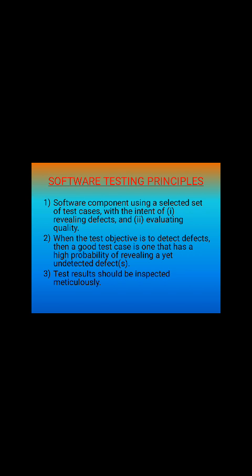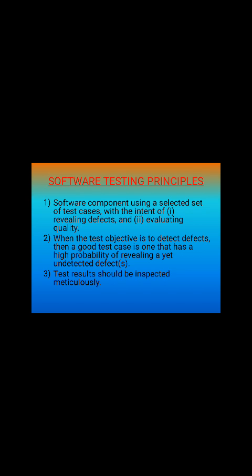In the first principle, we discuss selected test cases, considering defects and evaluating quality. In the second principle, you have to find or remove undetected defects, so you have to use good test cases. This is the second principle.